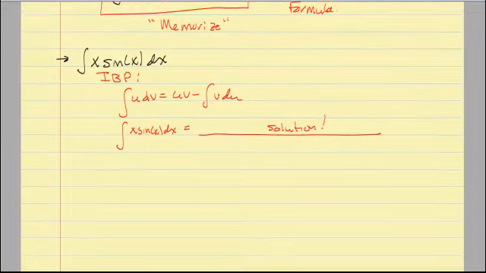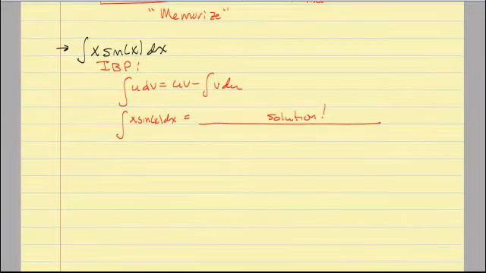So I need to take the x sine of x and I need to choose which one should represent my u and which one should represent my dv, and then I need to work from there. But one thing you need to be careful of here is that you can make the wrong choice. If you choose incorrectly, the problem gets more complicated instead of more simple, and then you're not going to be able to integrate it and you'll have to go back and choose again.